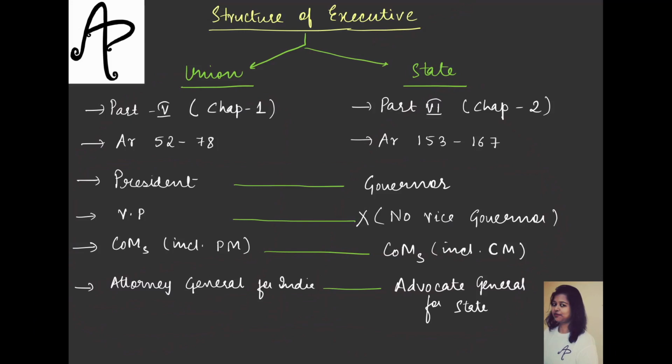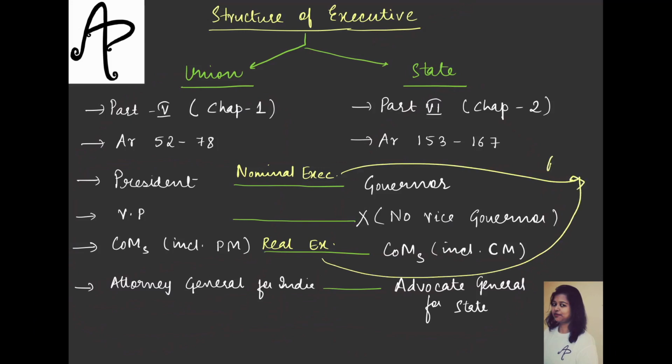Firstly, जब आप ये president और governor वाली चीज़ को देखोगे तो आपको समझ में आएगा that they both are the nominal executive. अब ये सब मैंने पहले explain कर दिया है कि nominal executive क्या है and यहाँ पे what are the real executive, the council of ministers headed by PM and the council of ministers headed by CM. तो अगर आपको पता ही नहीं है तो again you will find the problem, and this nominal and this real thing you will find where in the details of the parliamentary system. तो parliamentary system जो है वो हमारा सेंटर और स्टेट दोनों पे है and therefore it becomes important for you to understand this. नहीं तो फिर the relation you will not understand.